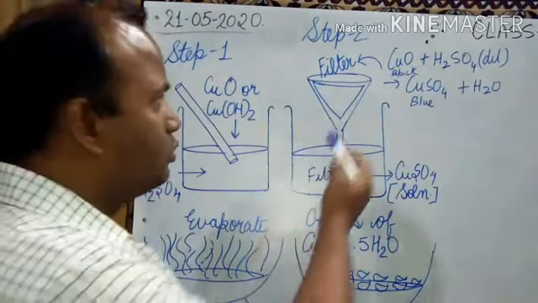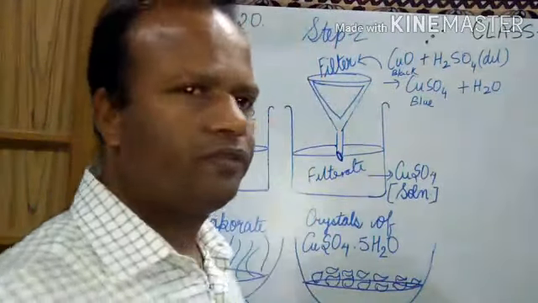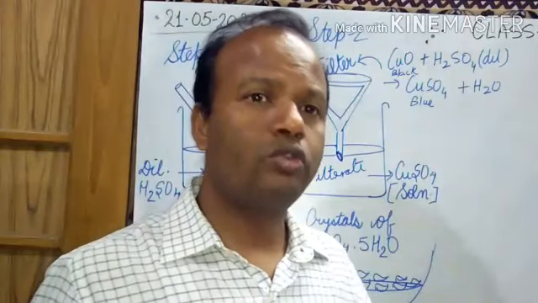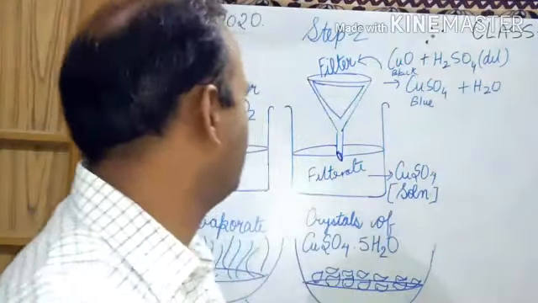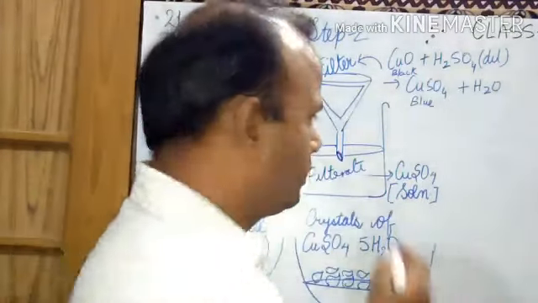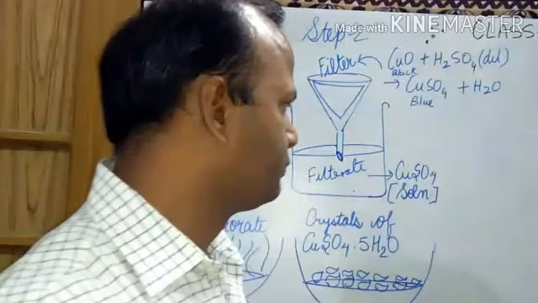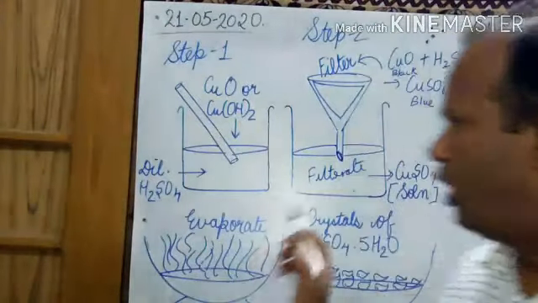Now you have to filter it. Why do you filter it? You filter it because if some impurities are there, in order to remove those impurities you filter it. Now this filtrate, the clear liquid, contains CuSO4, copper sulfate solution.